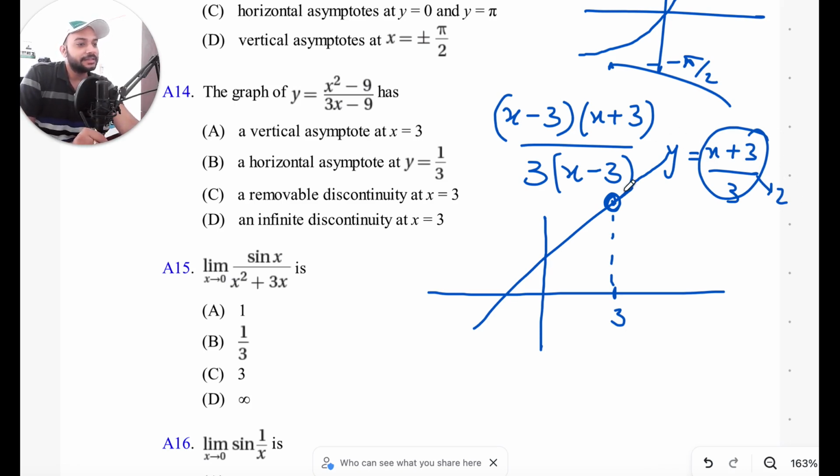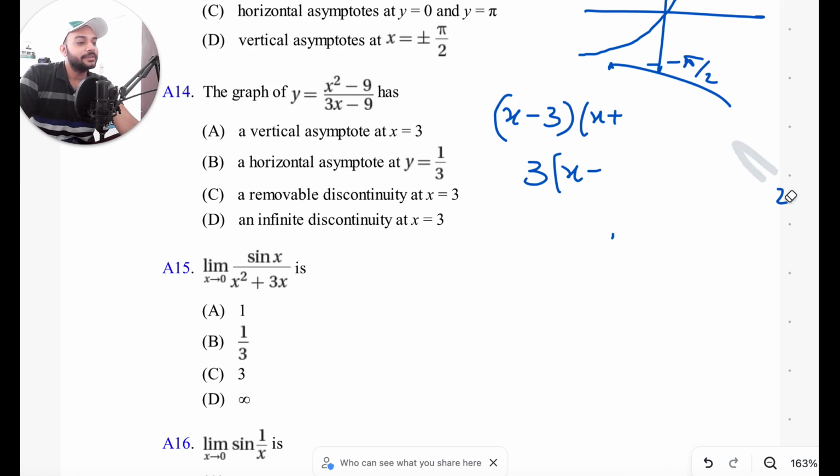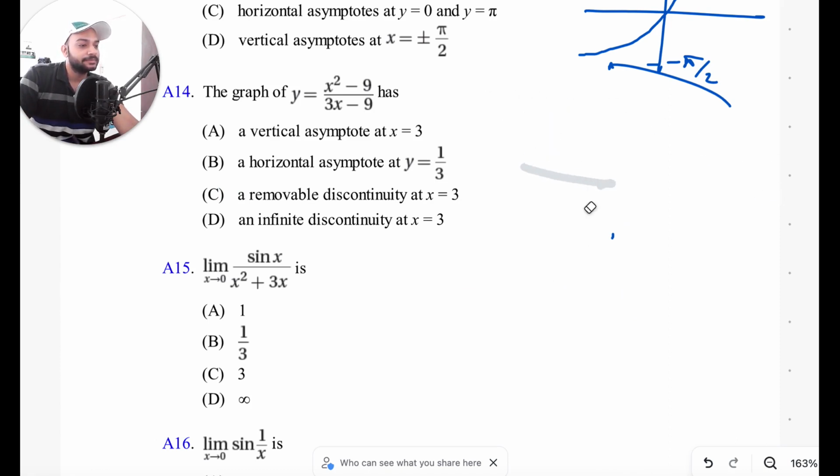If we redefine the function like this, it becomes a removable discontinuity. So this is the answer. It's a removable discontinuity at x is equal to 3. Anytime you encounter a point discontinuity, it's removable. Okay? Because you can simply redefine the function at that point. Only jump discontinuities are non-removable. Okay. So this is the answer.